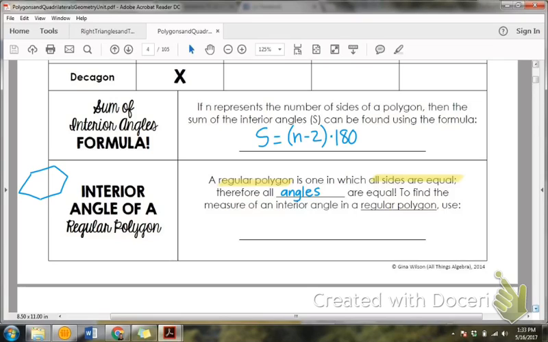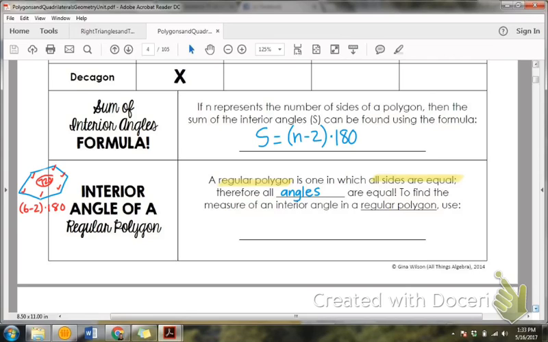So we had a 6-sided figure, right? And if we wanted to figure out the total inside, I would do 6 minus 2 times 180. What is that? We did it up above. 720. 720 was a hexagon. Did you guys agree with that? You see that back up on the top there? 720 is all the way inside. But if I wanted to figure out how much this angle, this angle, this angle is, what do I do with that 720?